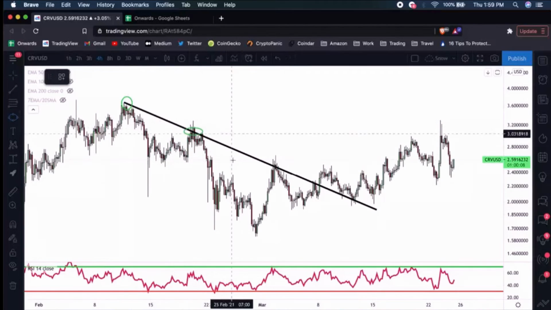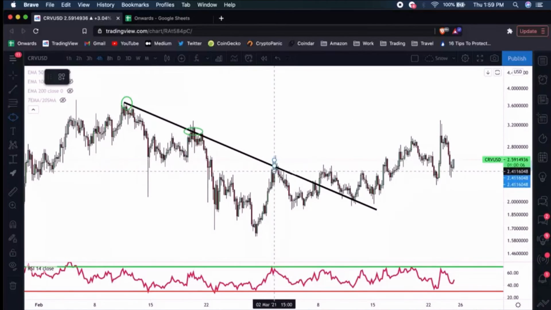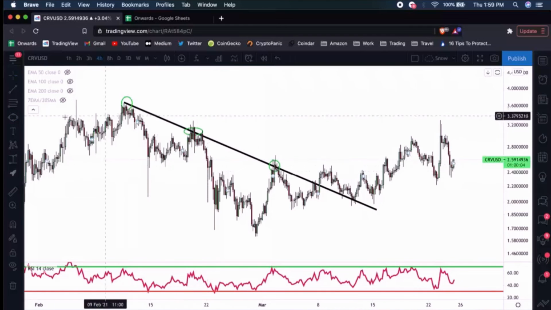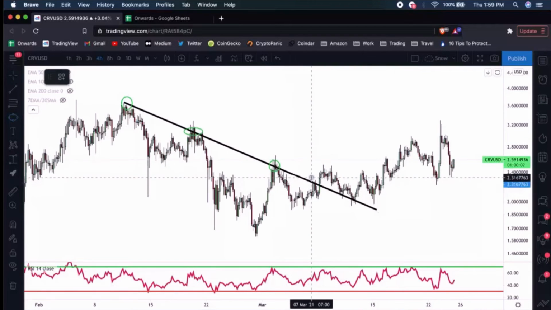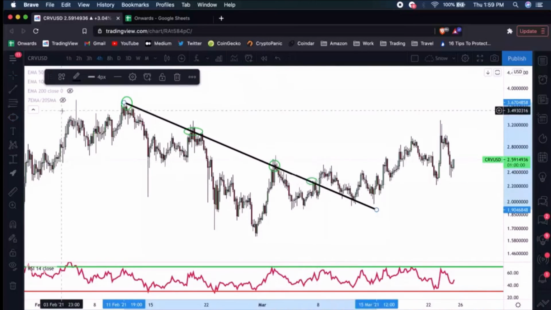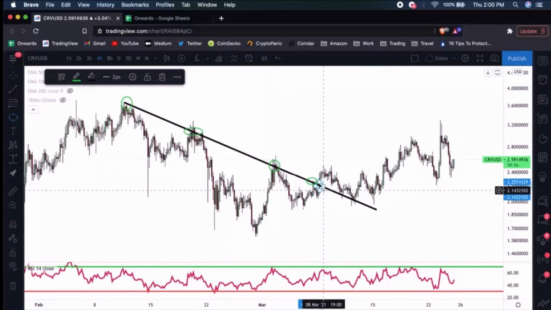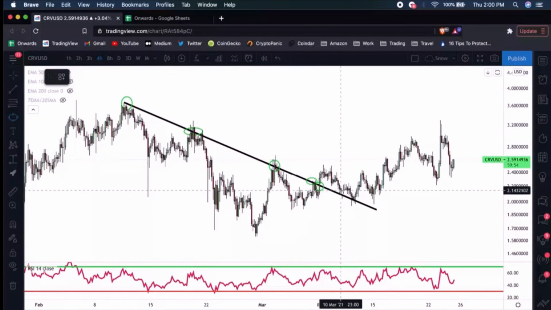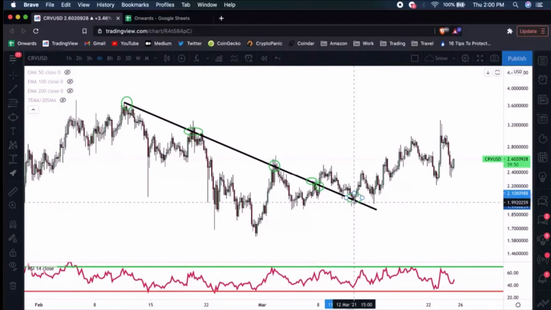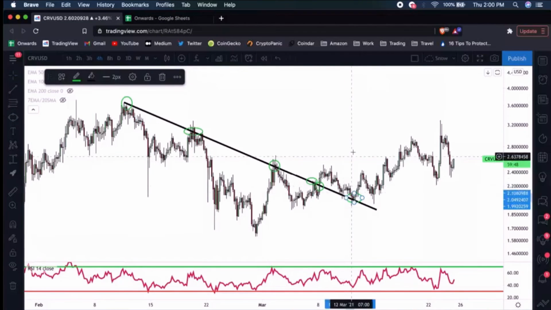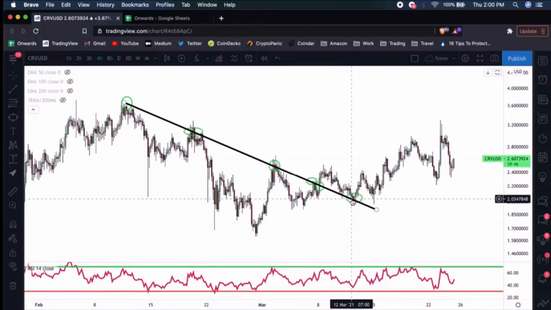There's two in there, so that counts as two actually, so that's three. Four touches. 5 touches. And then we broke through, right? We broke through right there. And what happened? We came back to retest it as support. We retested it twice, but I'll just circle this one. You can see we retested it once there. So we retested this as support, right?